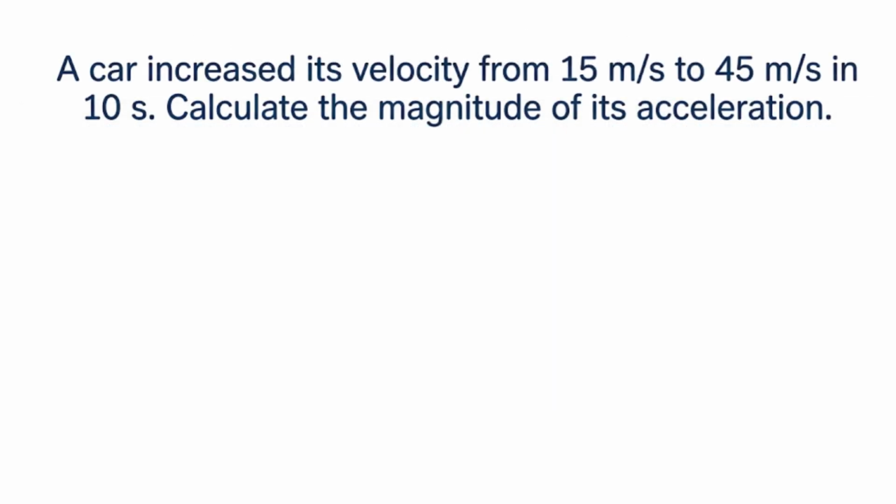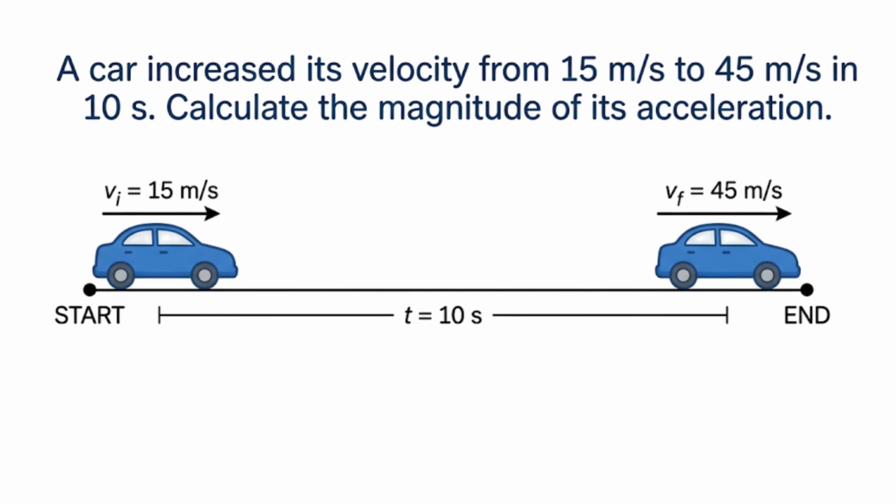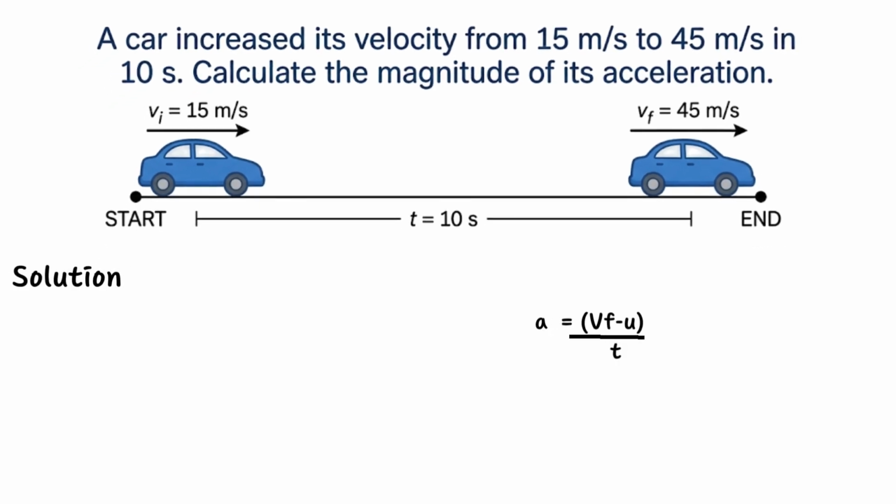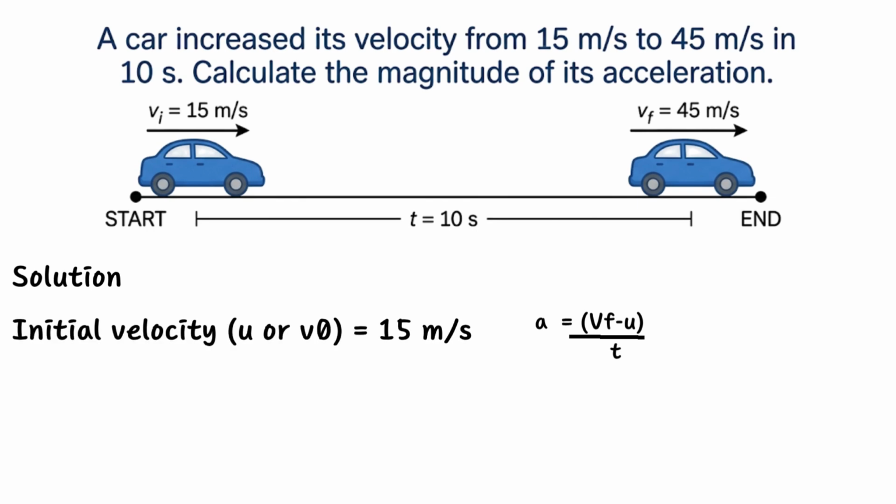A car increased its velocity from 15 meters per second to 45 meters per second in 10 seconds. Calculate the magnitude of its acceleration. We're going to find the average acceleration in this scenario. So to find the average acceleration, we have final velocity minus initial velocity, divided by time. The initial velocity here is 15 meters per second and the final velocity is 45 meters per second.